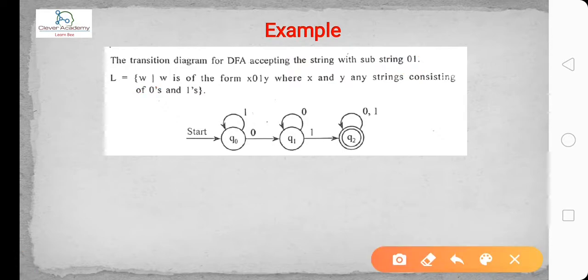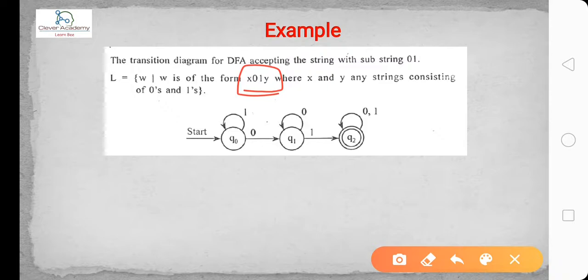The condition here is that compulsorily I should have 01 in the string. We represent it as x 0 1 y, where x and y are strings formed by using either 0 or 1. Compulsorily, between x and y, you should have 01.